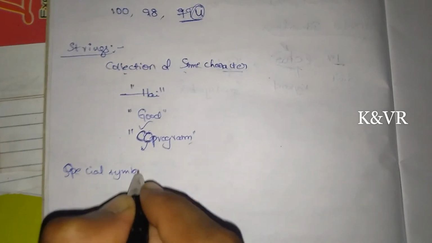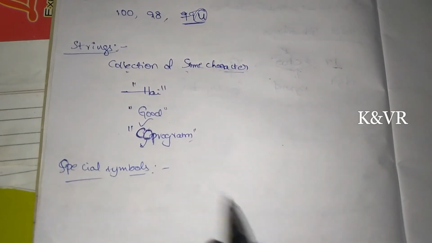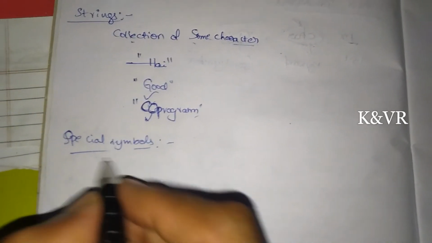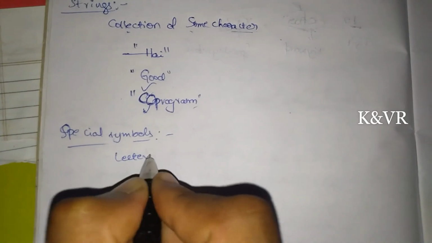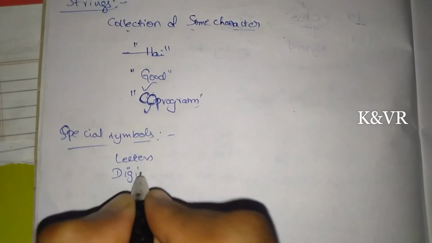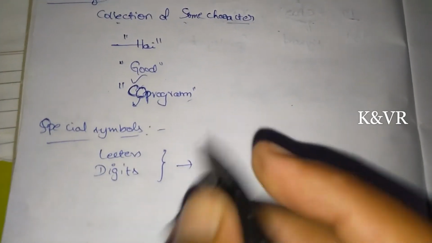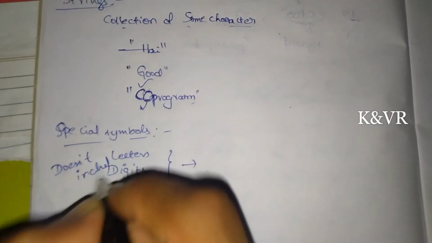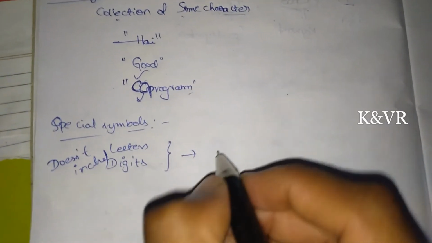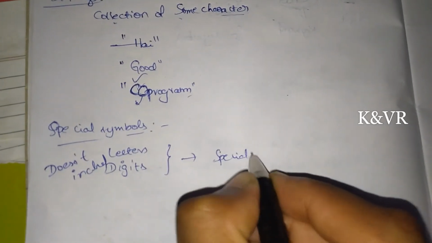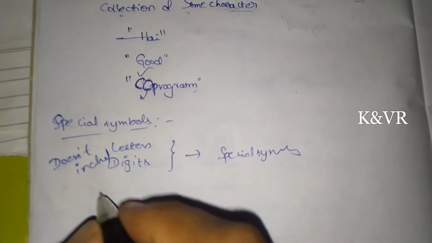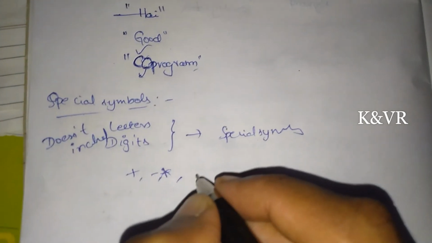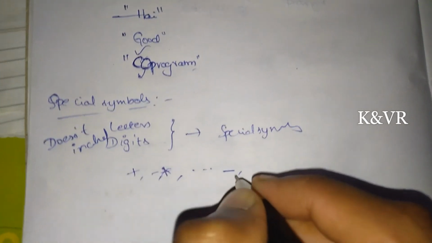Special symbols are those which don't include letters or digits. They are plus, minus, star, etc., underscore, and so on.